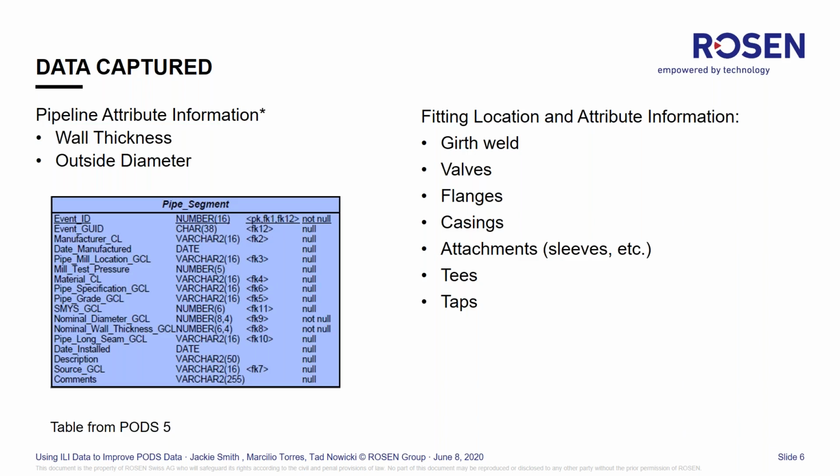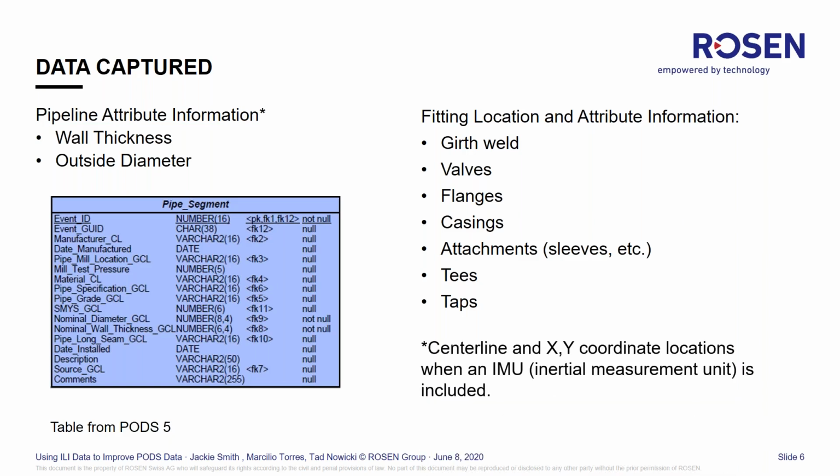Again, more things you may recognize from your PODS training or your PODS implementation at your company. The center line XYZ coordinates of all these things can be gathered if you run a tool that has an IMU unit. And the IMU unit you may recognize from cameras and drones and things to capture location.